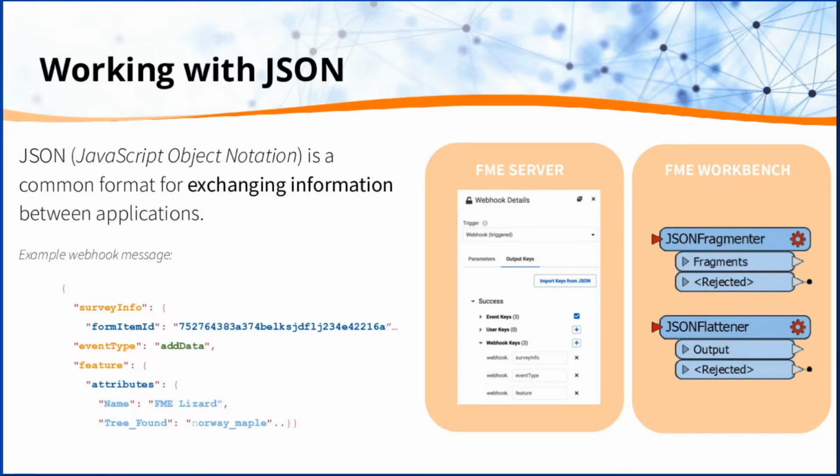Both FME Server and Workbench have tools for extracting exactly what you need to know from that JSON. And inside of automations, we can parse JSON directly from webhook messages to use as parameters. And then inside of FME Workbench, we can do all kinds of JSON transformations to make that data usable. And we have a lot of tutorials for doing just that.